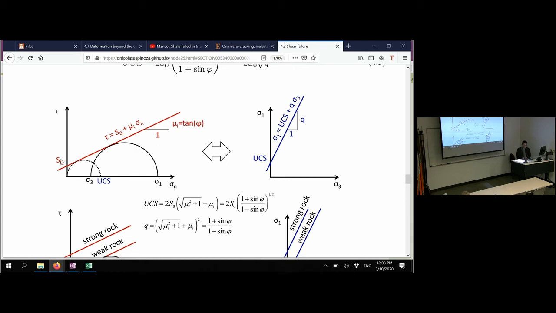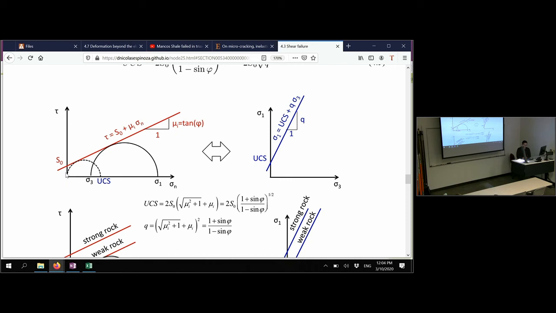And S0 physically is a sort of cohesive strength, or the maximum shear stress that you can have on a plane when the normal stress is equal to 0.